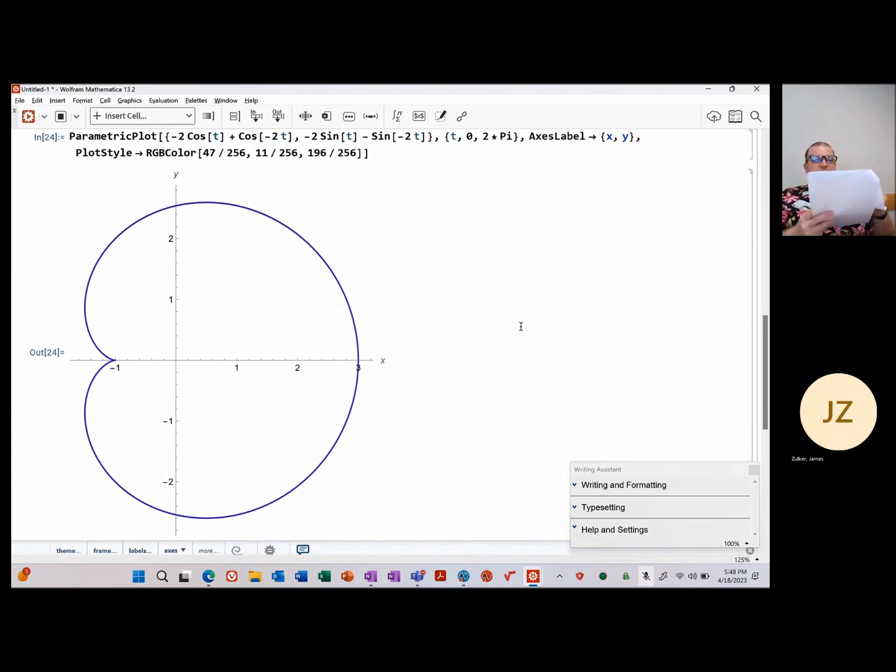So the next problem replaced the 2 with a 3, and again, plus or minus. So see what happens if we just adjust that.